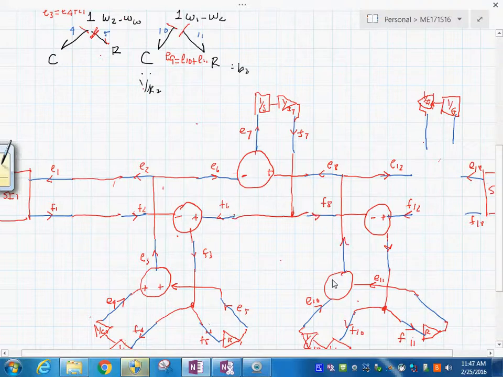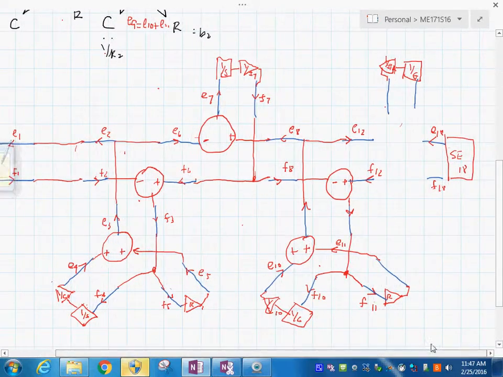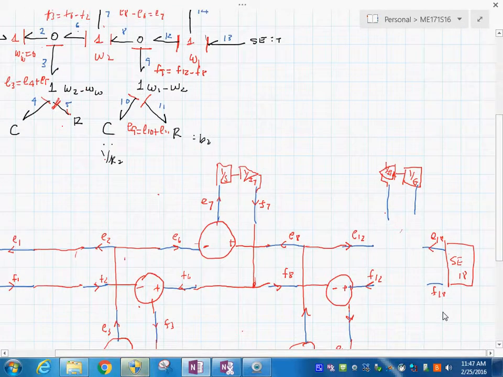So in here we're going to say that E14 is equal to E13 minus E12. So how is that? E14 is E13 minus E12, so this E13 is plus, minus E sub, what did I say? It's 18, right? Not 13.